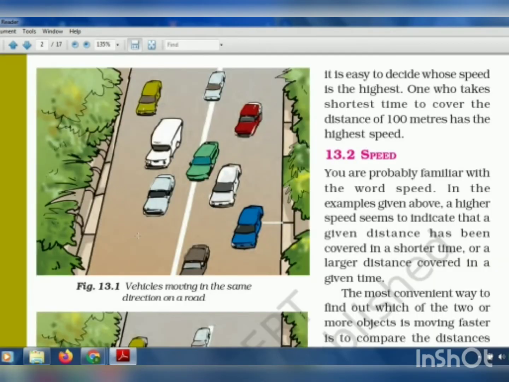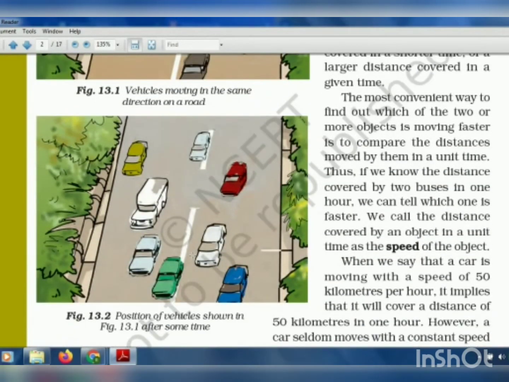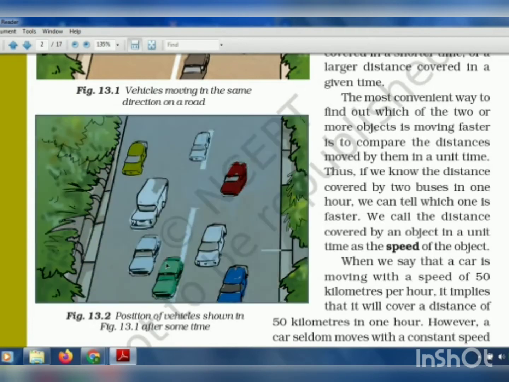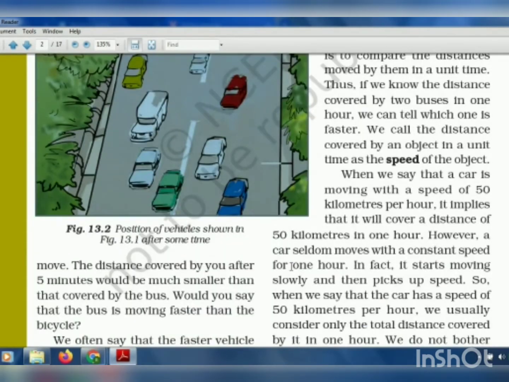In the first picture you can see that the green car is in the center and the white car is at the last. In the second picture you can see the green car has come to the front while the white car is still at the back. So looking at these two pictures, you can easily see that the green car is moving fast and the white car is moving slow.